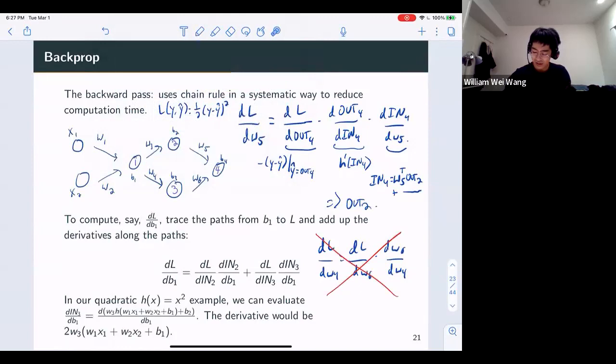Basically this W4 enters L through something that's not W6. So W4 does not appear in the expression for W6, but appears in L through some other means, right? Which is through the output of 3. So this does not make sense because it doesn't account for all those paths. So you need to write valid expressions like this one. And you can see from the functional form that it should make sense, hopefully.